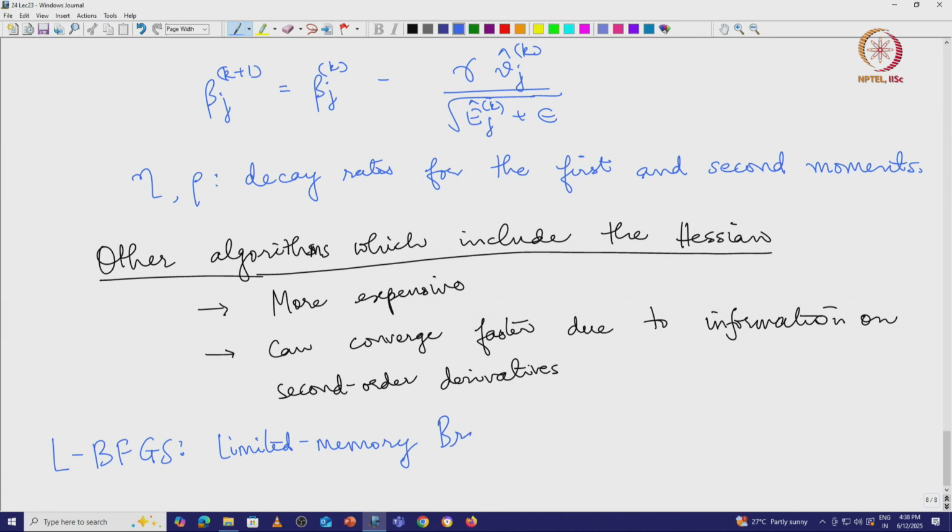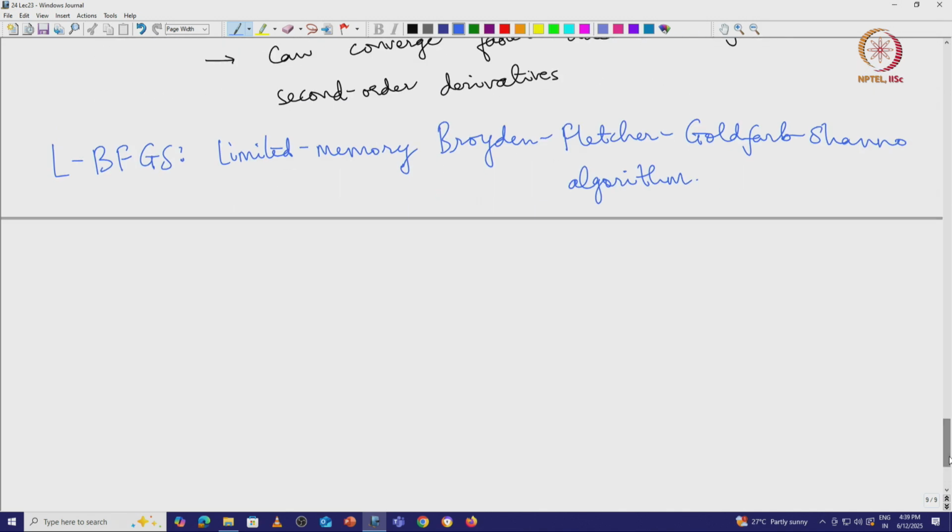So, that is called Broyden, Fletcher, Goldfarb, Shano algorithm, okay. And the main thought process behind this is what is limited memory BFGS.